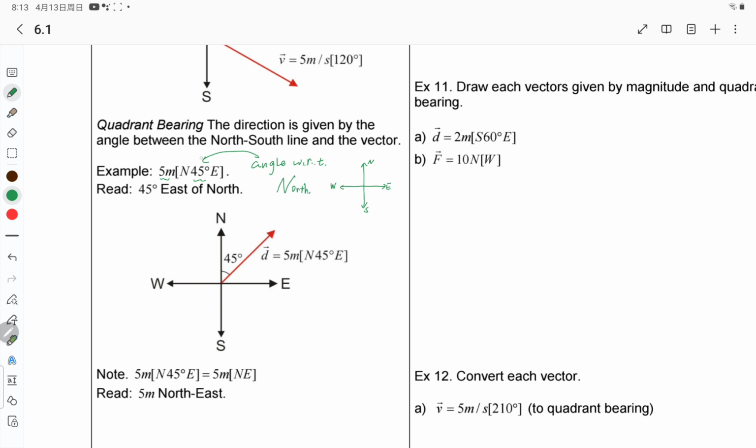However, this is not obvious from this notation, right? Because this notation is just rho equals N, rho equals E, and then 45. But it seems like this reads as 45 east of north.